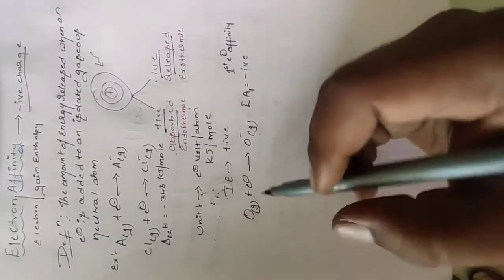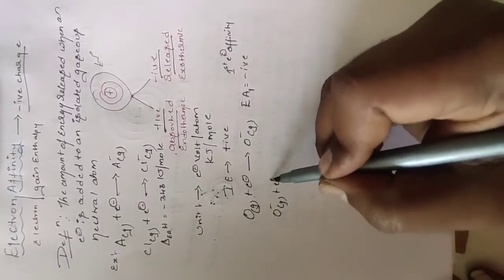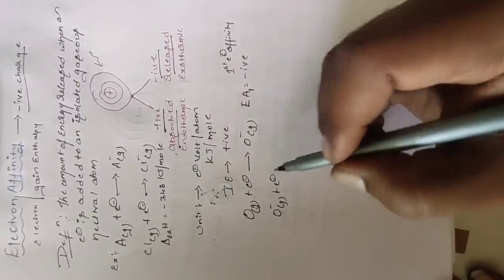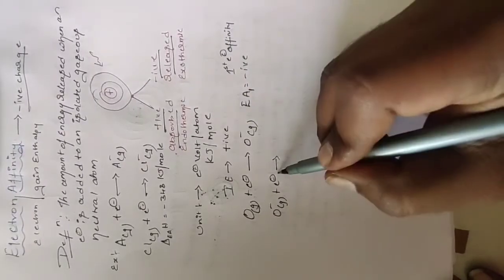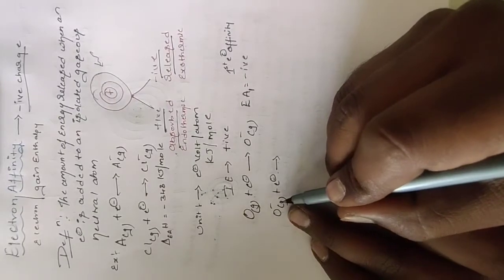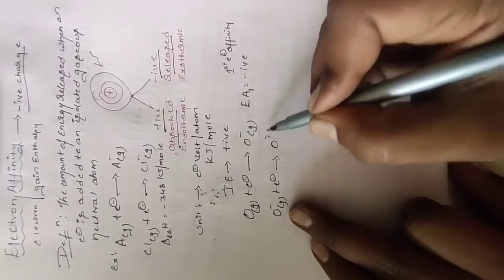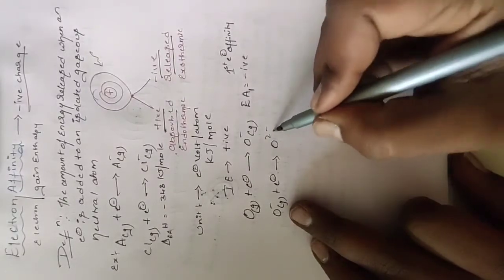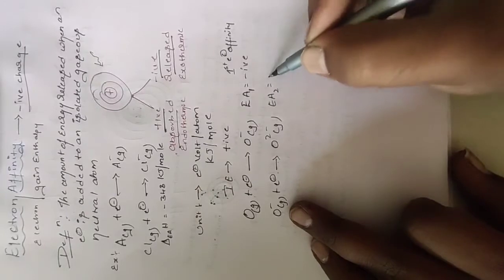Similarly, if we add an electron to the O minus anion in the gaseous state, it will be the second electron affinity.